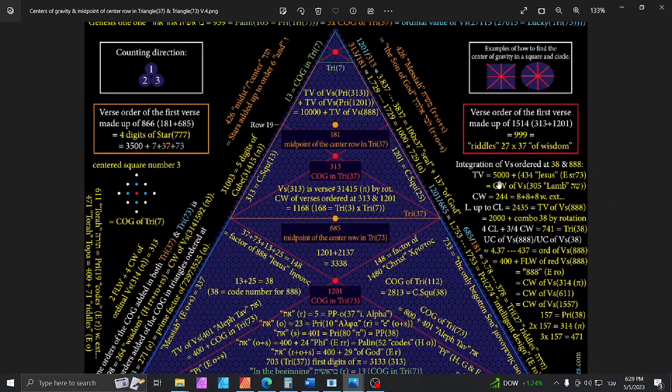And you see the total value of those two verses is equal to Jesus in the start of 73. That is when you take A equals 73 and B equals 74 and C equals 75, and you write Jesus and you get that. So the total value is 5,000 plus Jesus instead of 10,000 plus Jesus.